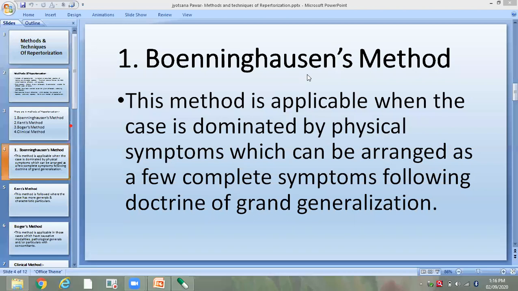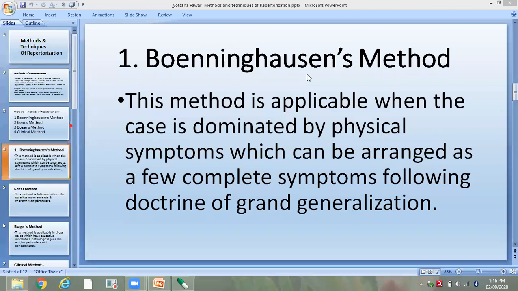When we get physical symptoms prominently, especially particular symptoms, and we take each symptom as a complete symptom by using grand generalization, then we use this method, that is Boenninghausen's method, for repertorization.